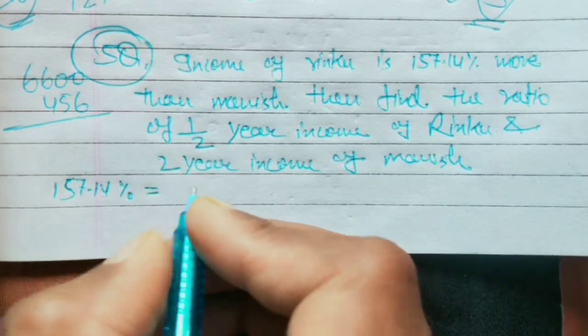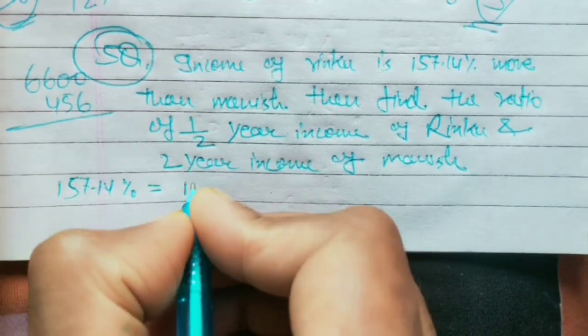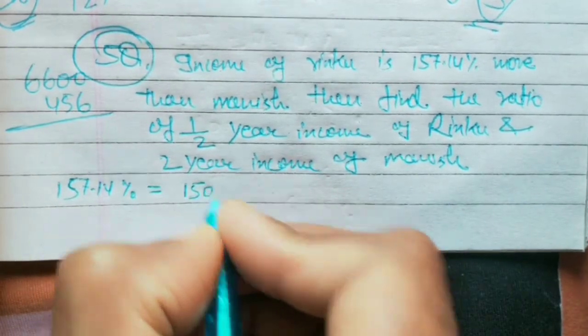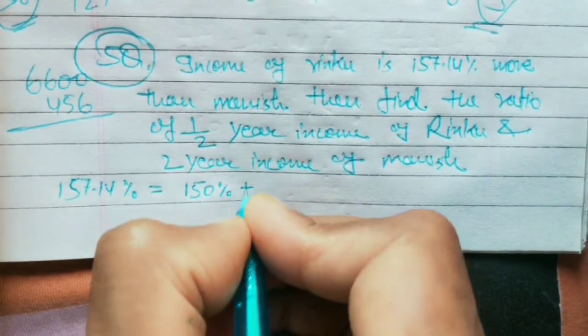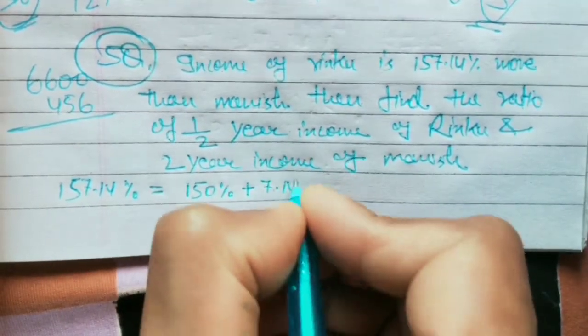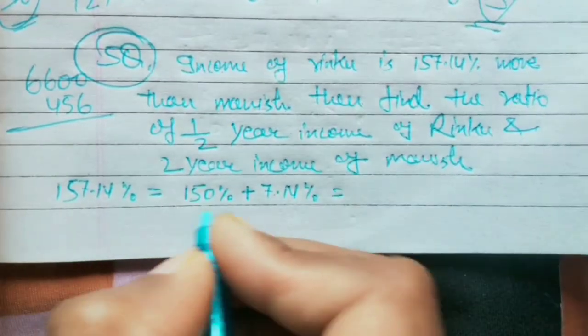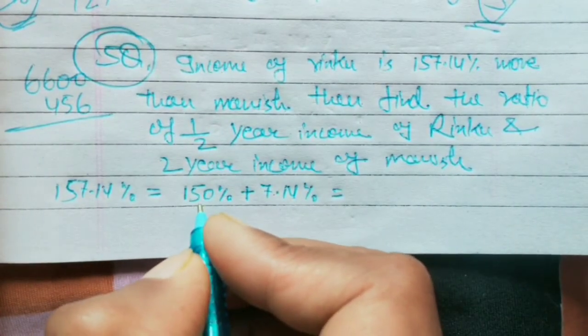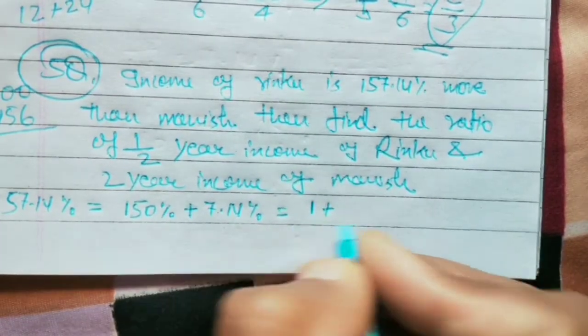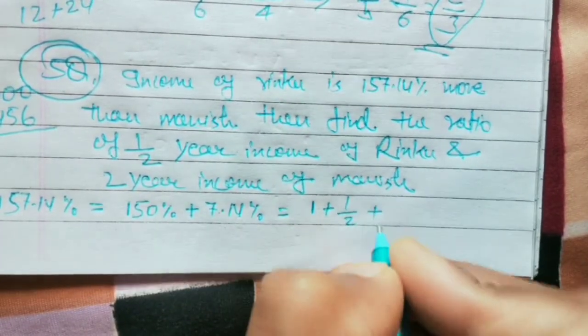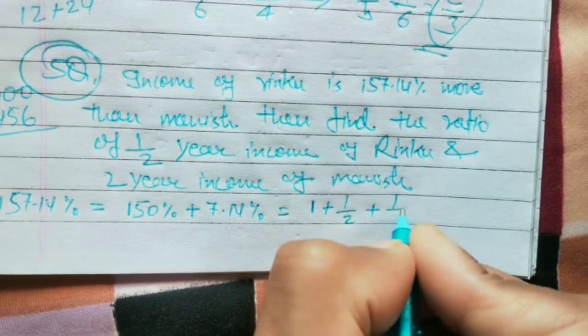So 157.14%, easily by practice you will get over this, we break into 2 parts: 150% plus 7.14%. Now 150% is again the combination of 100% and 50%. So 100% is written as 1, 50% is written as 1/2 and 7.14% is written as 1/14.